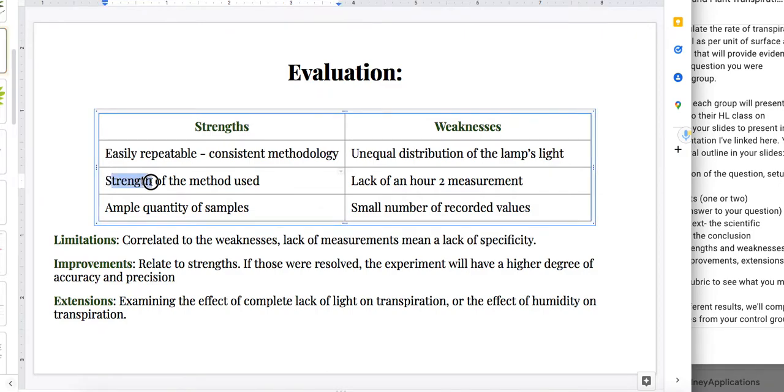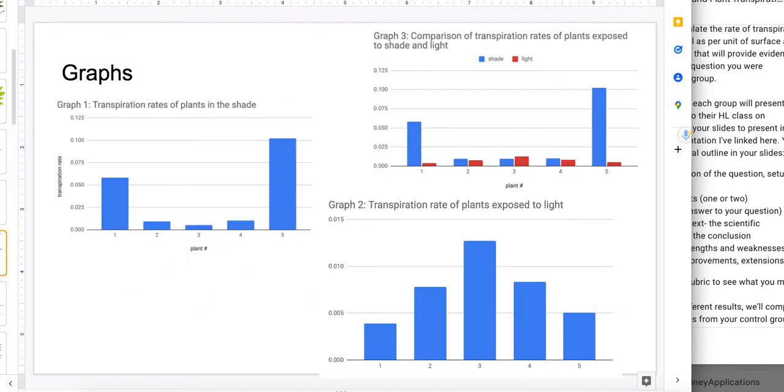And then I think we need to be more specific about what was strong about the method. But here's the other thing, right? The fact that you had 5 in each group, a lot of people mentioned that you could increase the number of plants. Maybe 5 wasn't enough to get rid of some outliers.